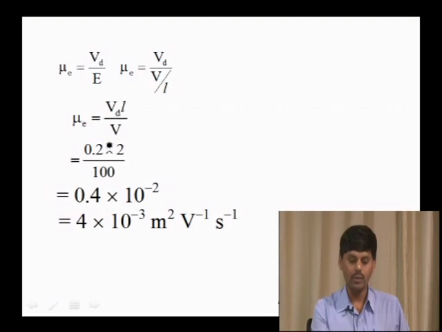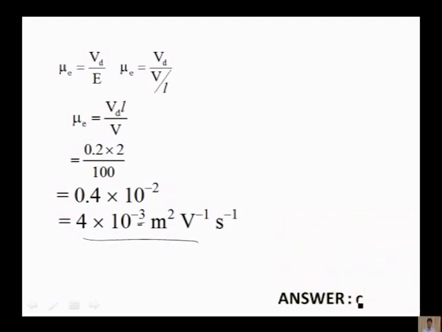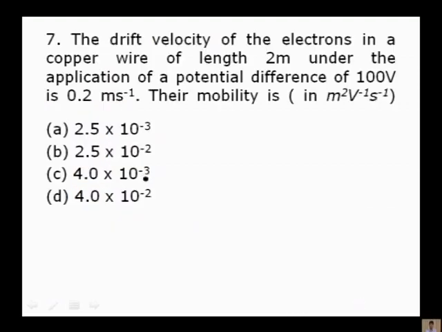Substitute the values: Vd is 0.2 meter per second, length is 2 meter and the potential is 100 volts. 2 into 0.2 is equal to 0.4. This is over 100, and 100 can be written as 10 power 2. When it goes up, it becomes minus 2. If you shift 4 to this side, it becomes 10 power minus 3. Therefore, the correct answer for this question is C.